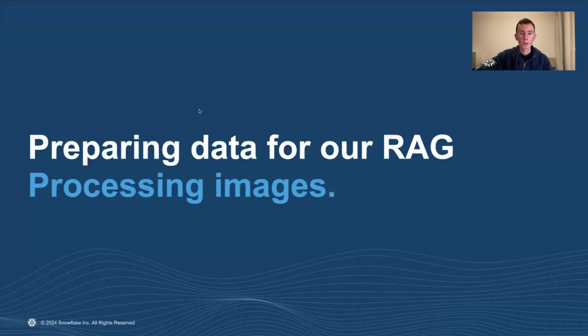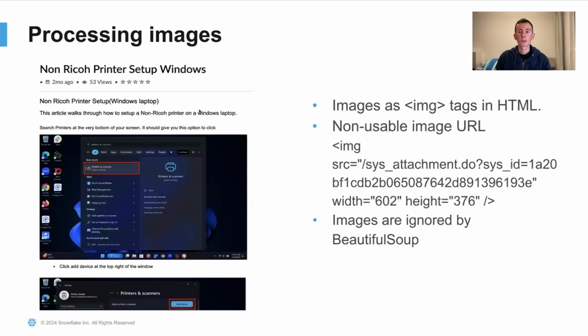Now I will talk about how we can process images. In many IT articles, we have tutorials with a lot of screenshots, for example, how to set up a printer on Windows.